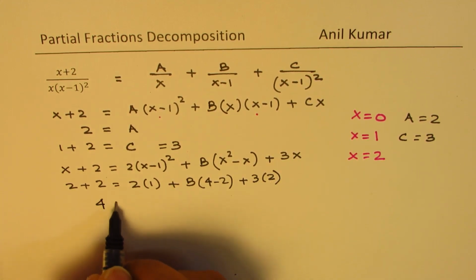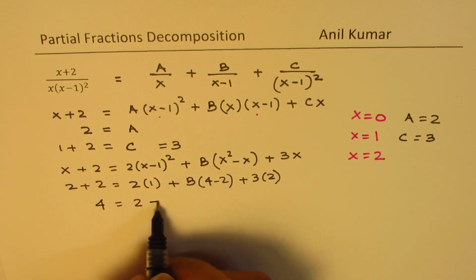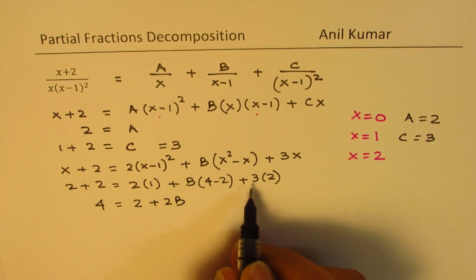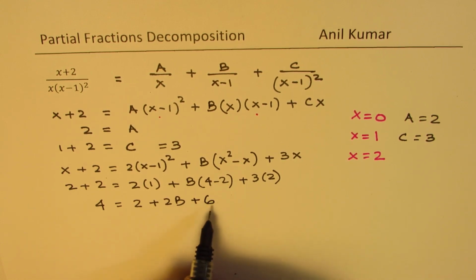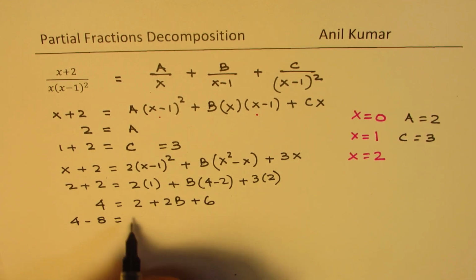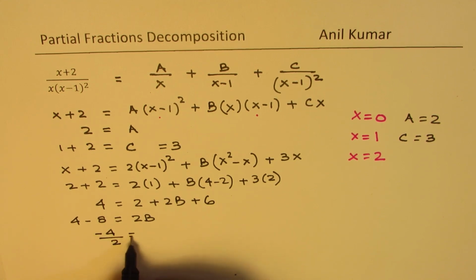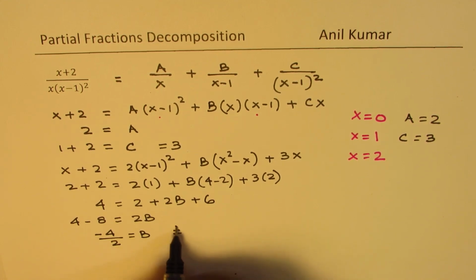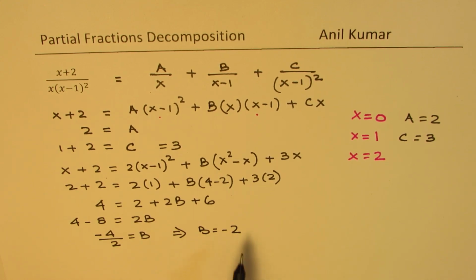So that gives you 4 equals 2, and here 4 minus 2 is 2, plus 2b, 3 times 2 is 6, we get plus 6. Now 6 plus 2 is 8, so we get 4 minus 8 equals 2 times b, which is minus 4 divided by 2 is the value of b. So that gives you the value of b as equal to minus 2. Okay? So we get b as minus 2.